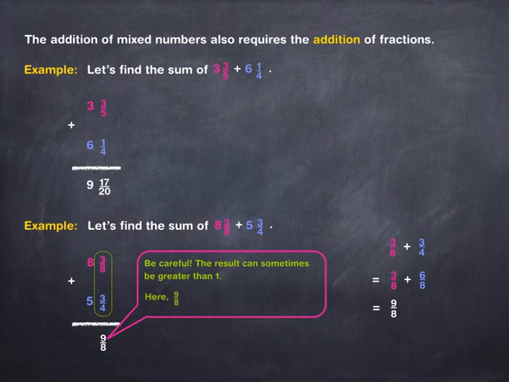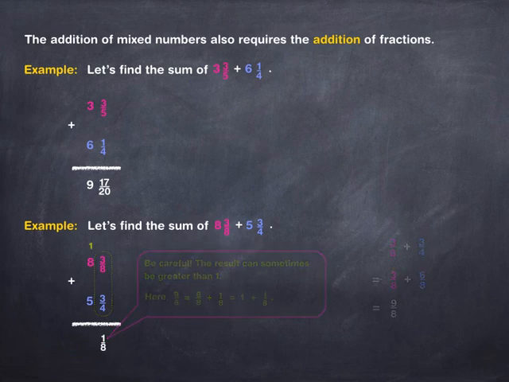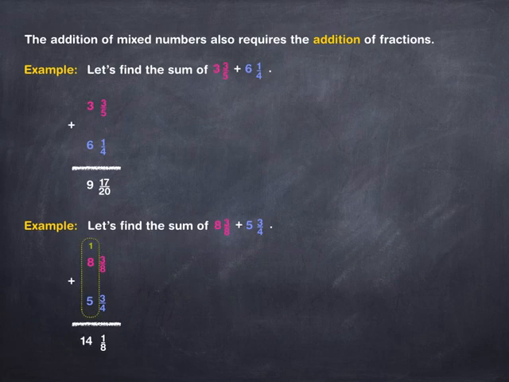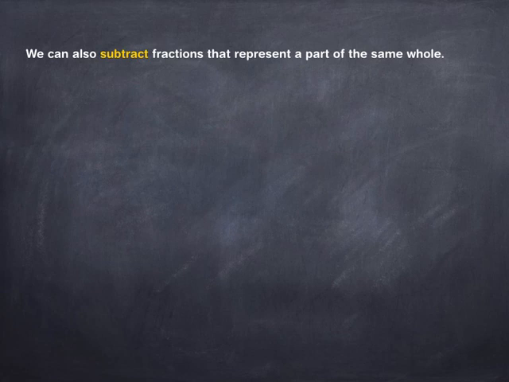Here, 9/8 is equal to 8/8 plus 1/8, which is equal to 1 plus 1/8. As such, we replace the fraction by 1/8 and carry the 1. Here, adding the whole numbers, we get 14. So 14 1/8.